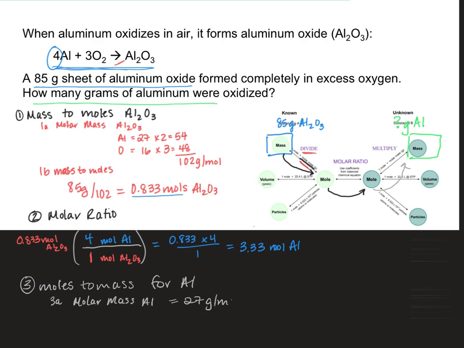Equals 27 grams per mole. So 3B, the actual mole to mass, I am going to take that 3.33, multiply it by 27, and that is going to give me 90 grams of aluminum.